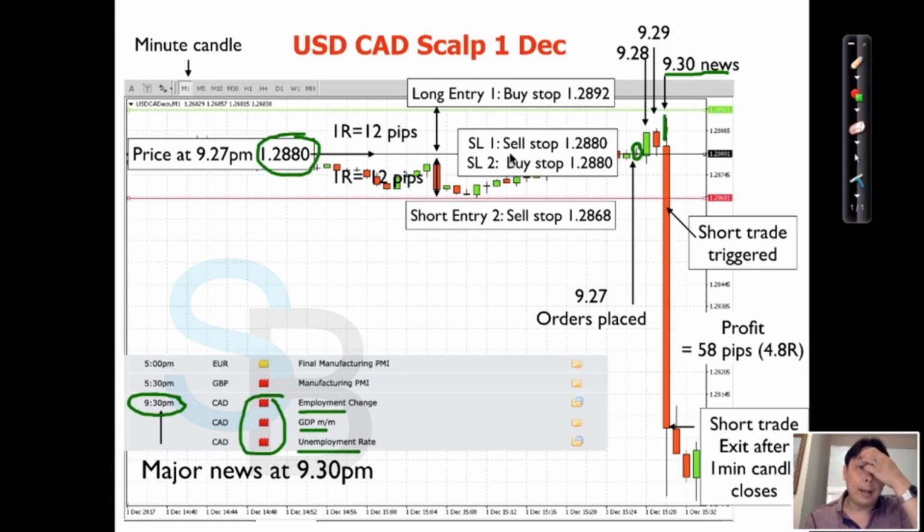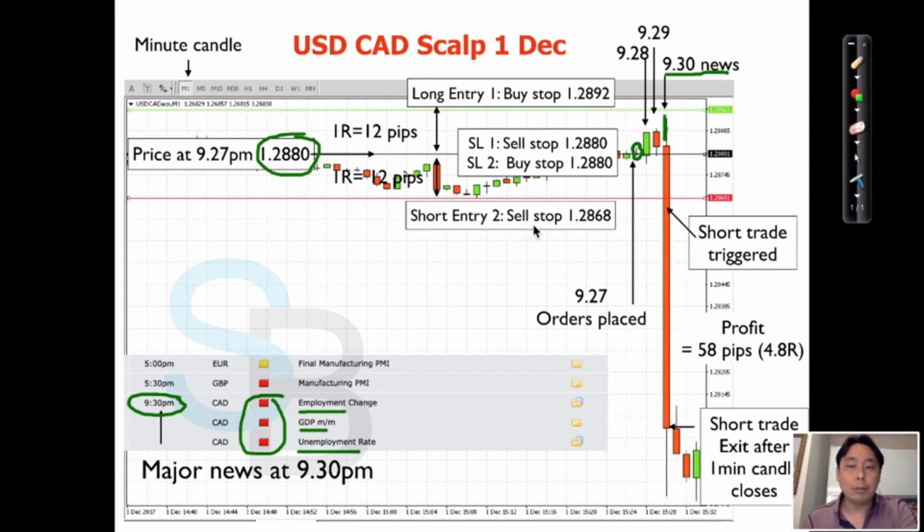First, I placed my long entry. I placed my buy stop order at 2880 plus 12, so 2892. That is my buy stop order with a stop loss of 2880. So your stop loss is at your market price. Then after that, I place my short entry order.